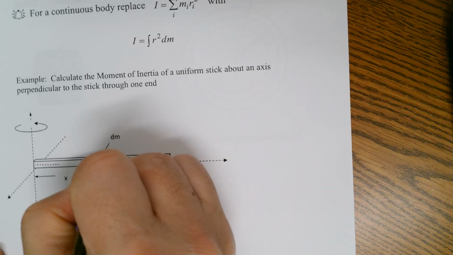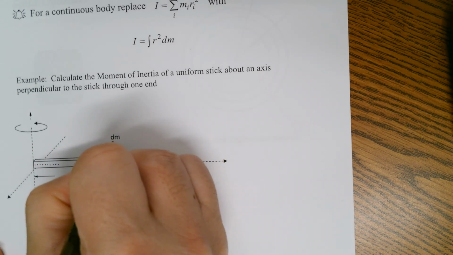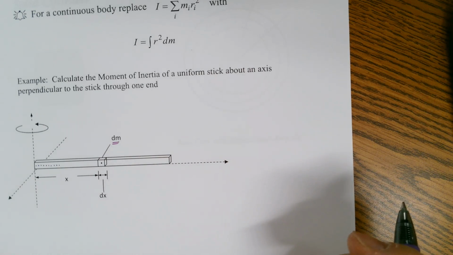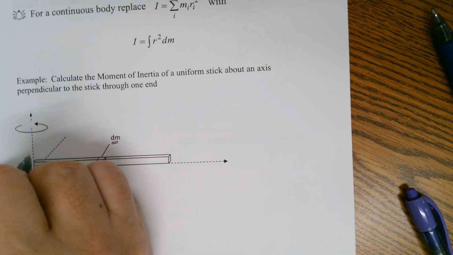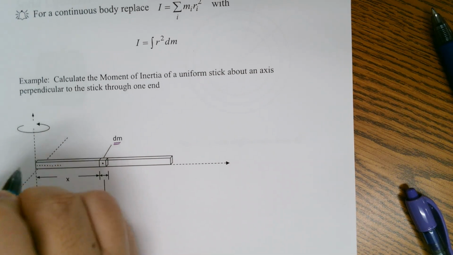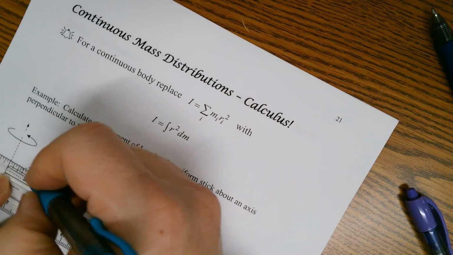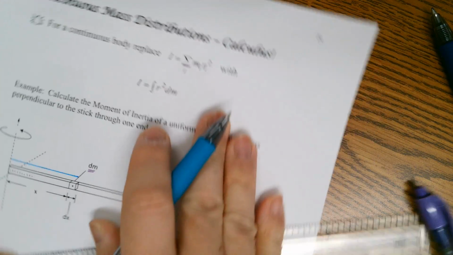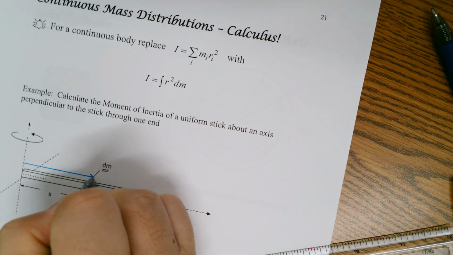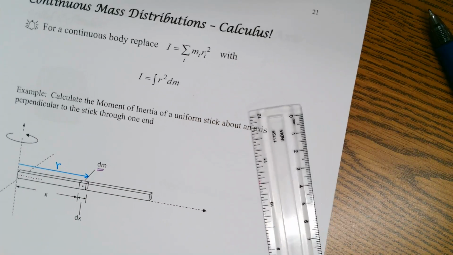So this one little section of all these masses is my dm. And from the axis to the location where this mass is located, this is my r, okay?